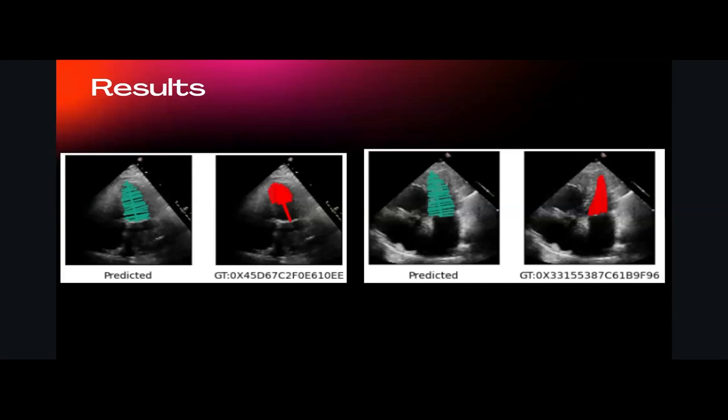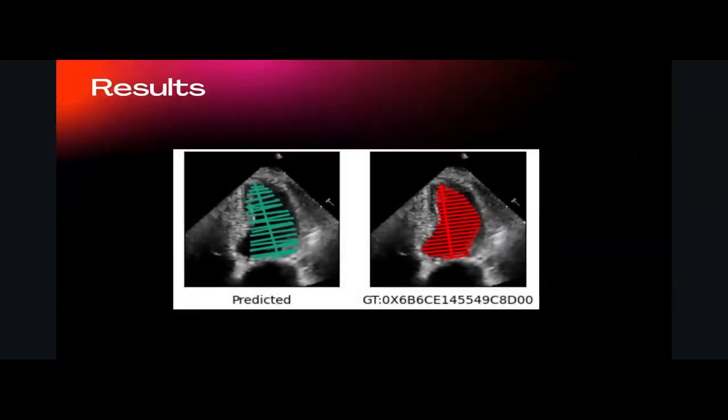This is the case for many of the ES frames because the left ventricle is so small. In this visualization, you can see that the prediction didn't accurately predict the curve towards the bottom left. And I see this in multiple cases when the curve is more dramatic than the norm, I suppose you could say.